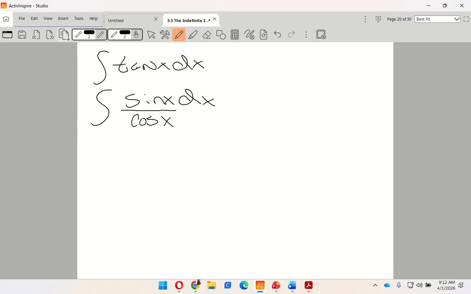Example 6. Okay, so right here, I'm going to do substitution, but I'm going to call my u. I'm going to say u is cosine x. So my du, what's the derivative of cosine? Negative sine.